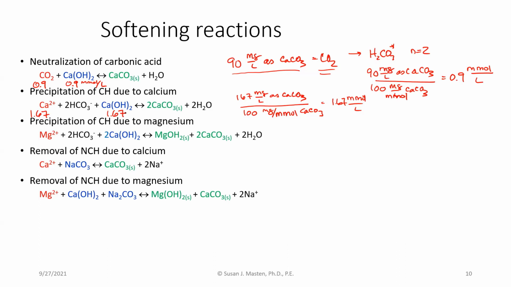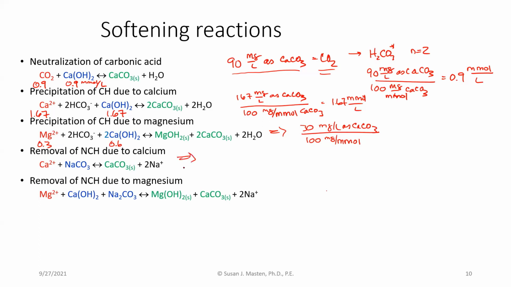If you could stay on for a couple minutes, we can finish this. The carbonate hardness due to magnesium, we said, was equal to 30 milligrams per liter as calcium carbonate. Same thing, divide by 100 milligrams per millimole, so this is 0.3. We have a 2:1 stoichiometry, so this is going to be 0.6.